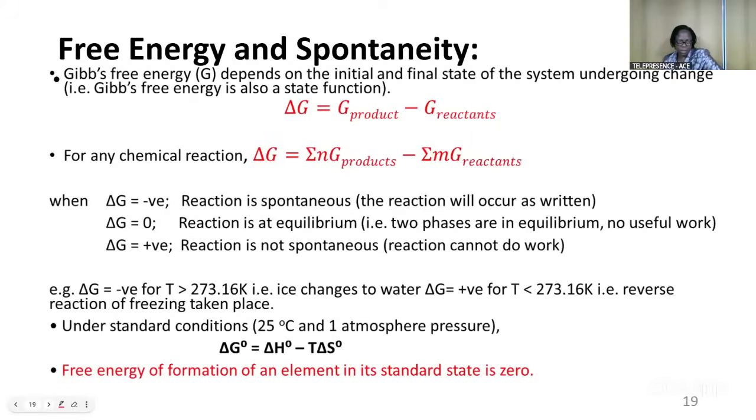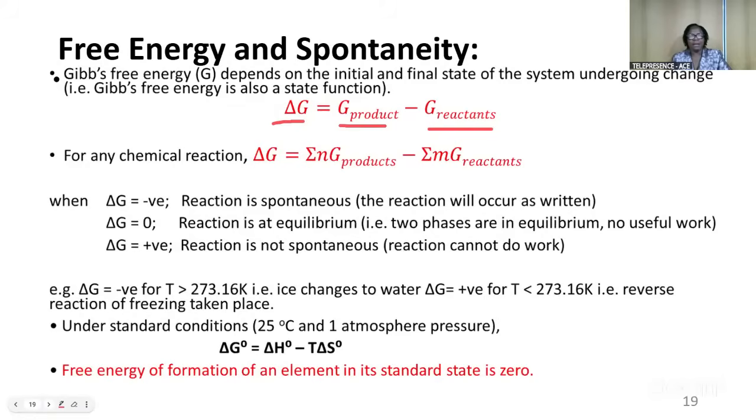How does this relate to spontaneity? The Gibbs free energy depends on the initial and final state of the system. That is also the same as what we have for entropy. So you can determine delta G based on free energy of the reactant and free energy of the product. Again, that of the product comes first because it's the difference between the final state and the initial state, like we have for entropy.